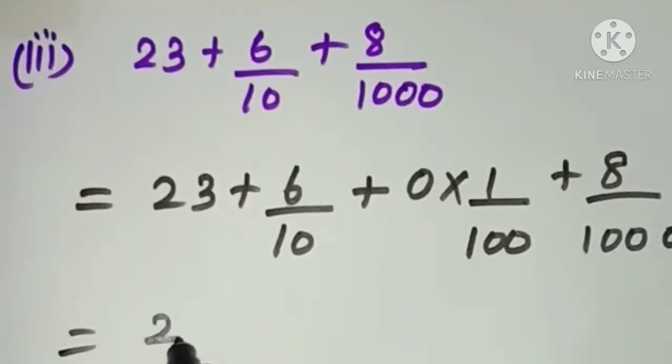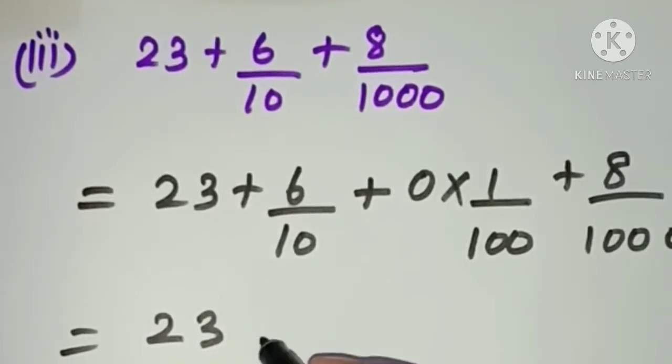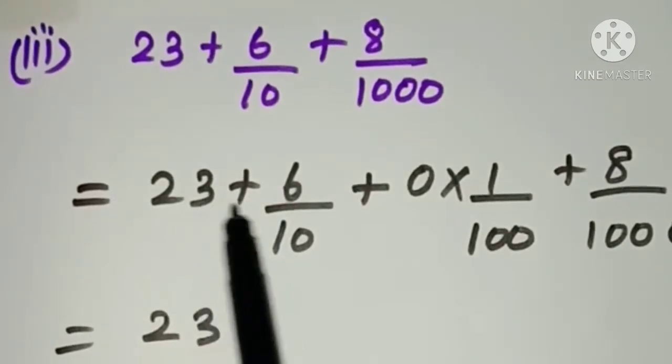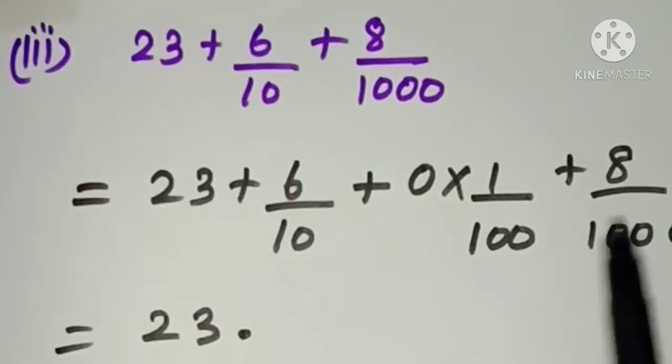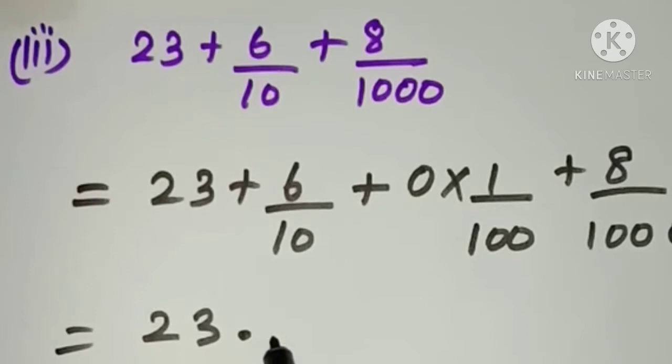Now 23 point. We write a point because there will be a decimal point between the whole part and the decimal part. The first digit after the decimal point is in the 10th place.